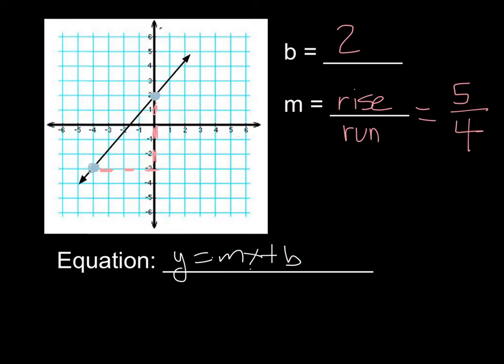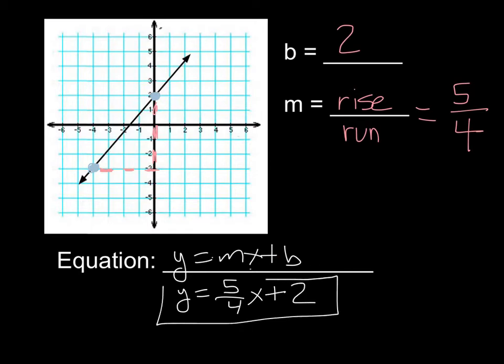This b is this b. So I'll just take those numbers and put them right into my equation. So y equals 5/4 x plus 2. And that is the slope-intercept form of this equation.